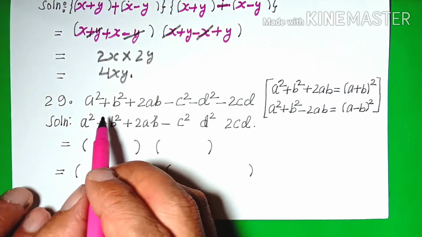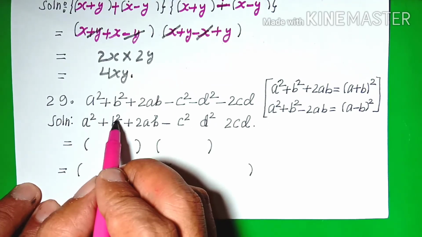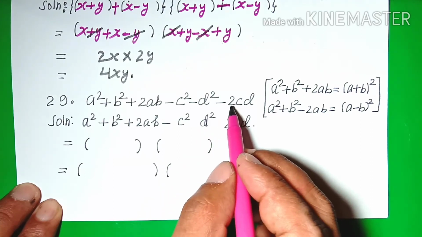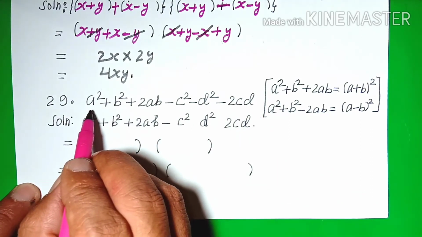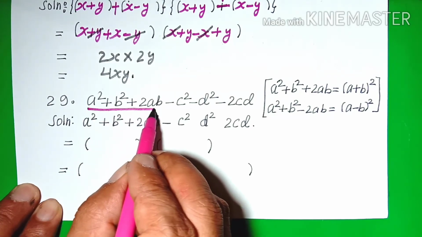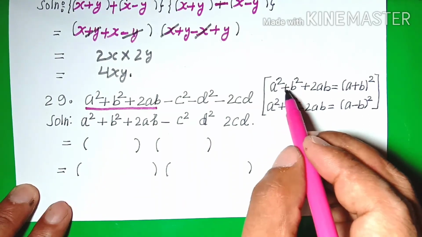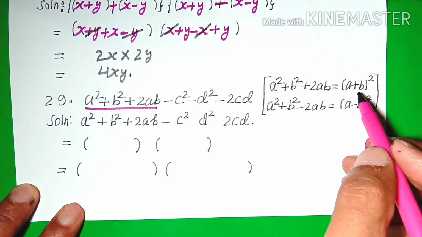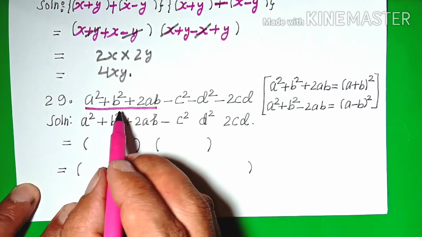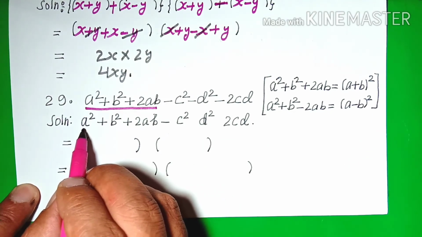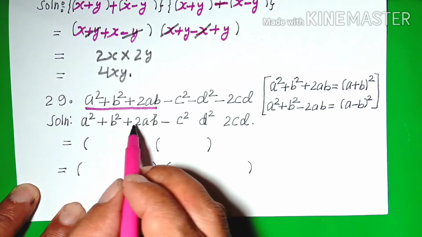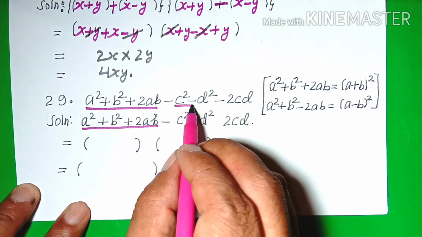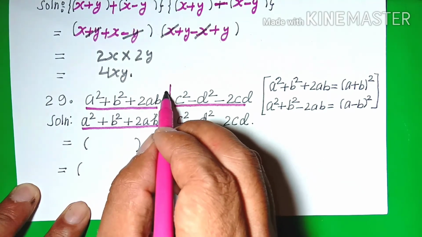The next one here, we can see a square plus b square plus 2ab minus c square minus d square minus 2cd. The first three terms are already given in the form of a square plus b square plus 2ab, and that can be written a plus b the whole square. So first we just copy down the given terms, a square plus b square plus 2ab. After that, the last three terms, you'll have to take the minus sign common.